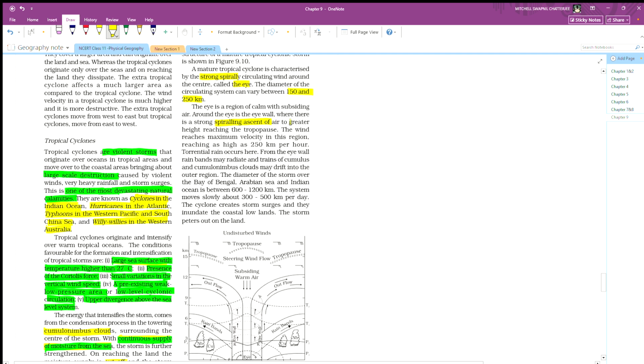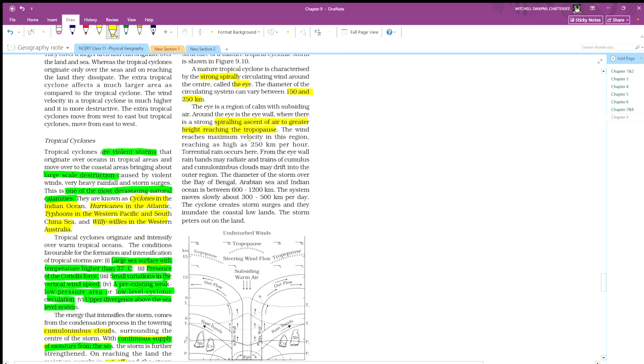The ascent of air is greater at height, reaching the tropopause, the area between the stratosphere and the troposphere. The air is pushed upward from the eye wall. The wind reaches maximum velocity in this region.